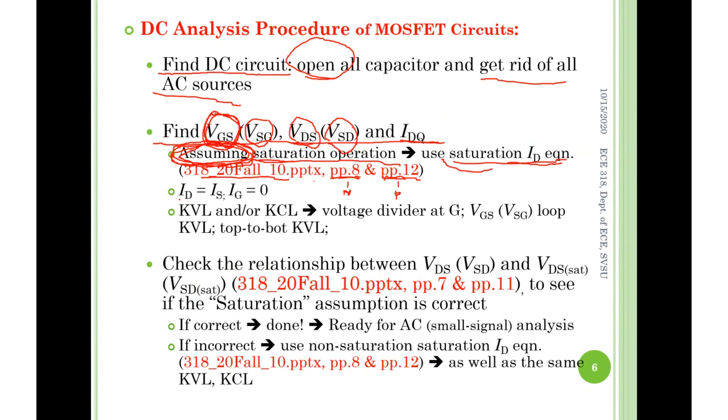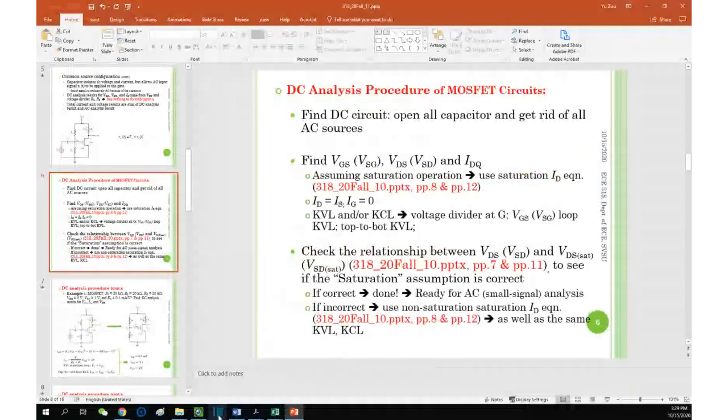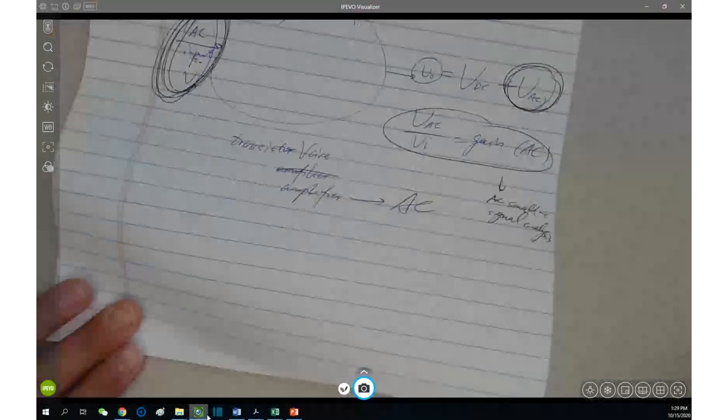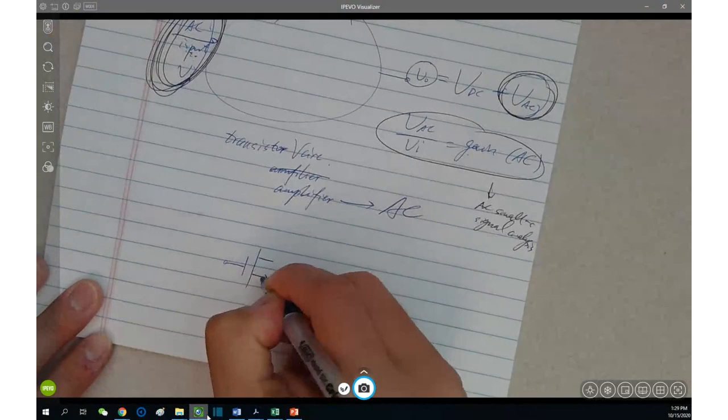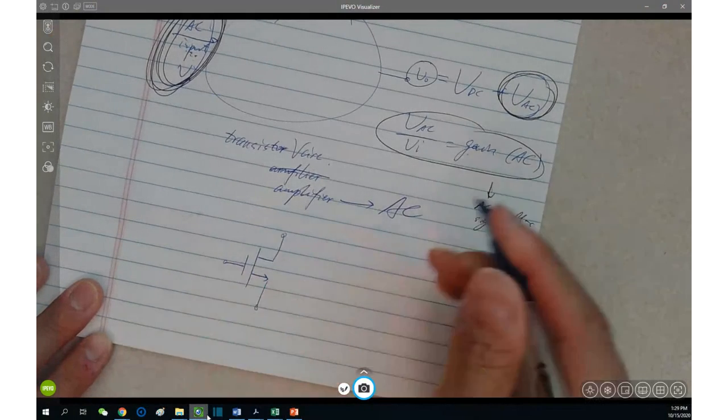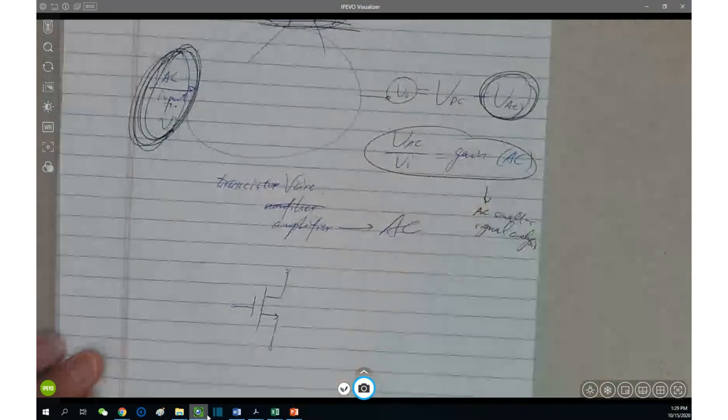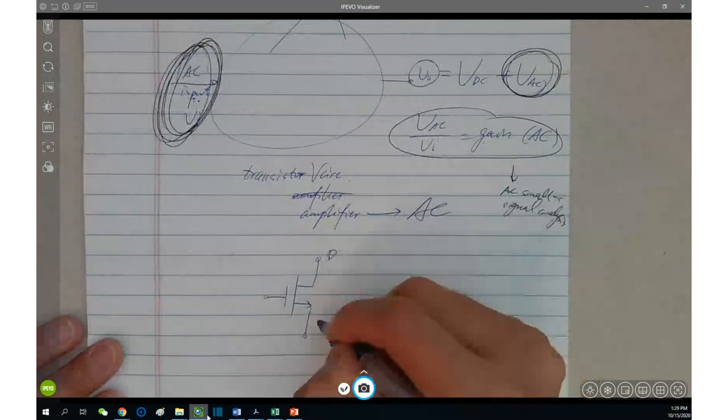And then these 2 are also very simple and very useful. What they're saying is drain current is equal to source current. What does that mean? Drain, source, gate.